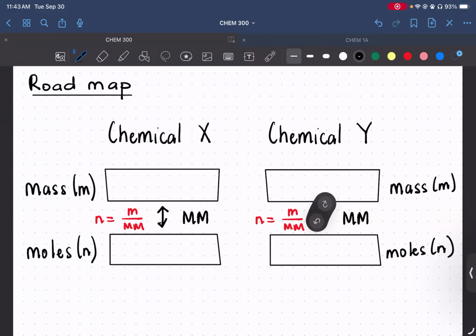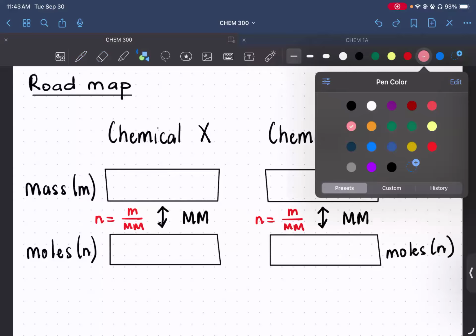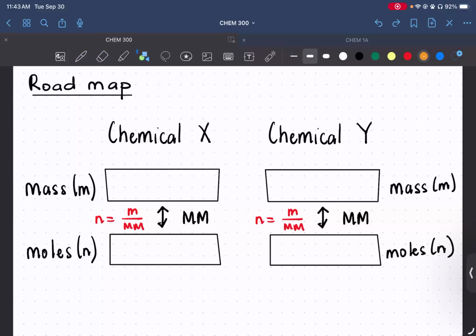But today, we have introduced the link between chemical X and chemical Y. Let's use a different color. Someone pick a color, not black, not red. Orange. Oh, wait, I heard orange first. Connecting the 2 chemicals is stoichiometry, aka mole ratio.